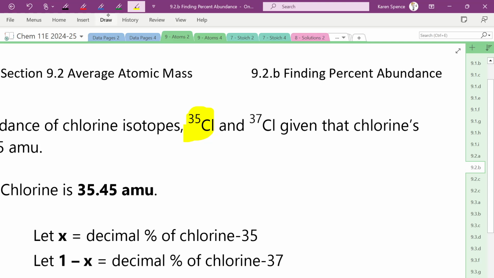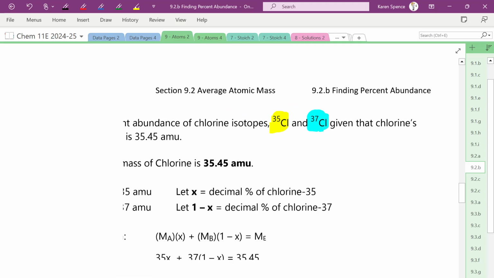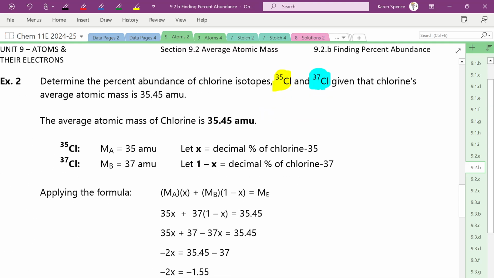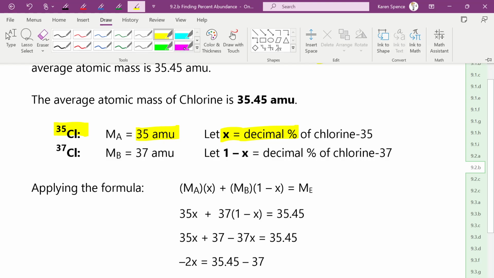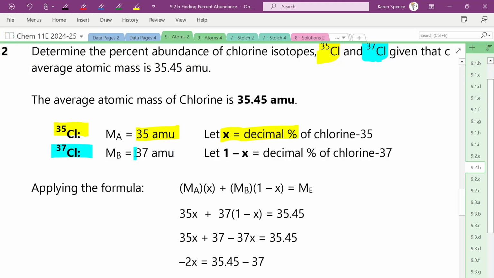For chlorine 37, we can only work with the number 37 because we don't have any other information, but we would do it the same way. Chlorine 35, the mass is 35 AMU, and we're going to let X equal its decimal percent. 37 has a mass of 37 AMU, and we're going to let 1 minus X equal its decimal percent.